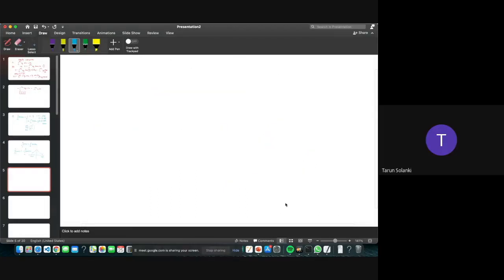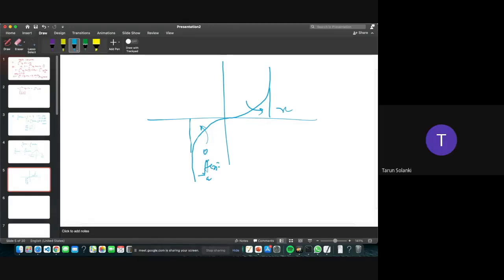Now this property is generally used when the integrand is either an even or an odd function. Now one more graph. At this point and this point, it is x, and this is from 0 to minus a of f of x dx.